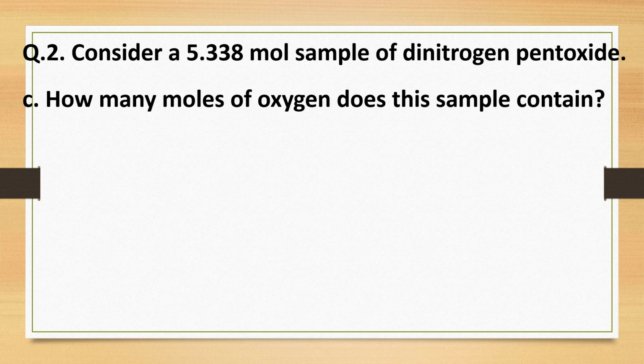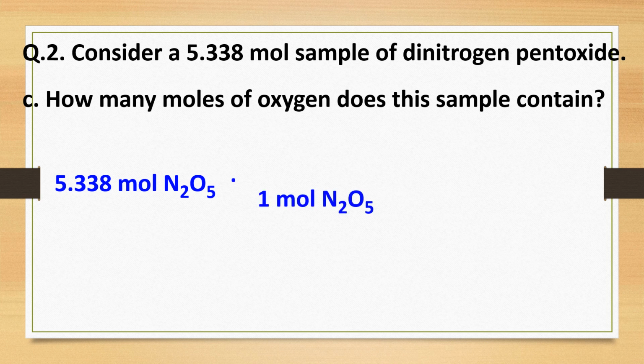Then what we do is also start with our given, which is 5.338 moles of the sample. And remember, inside this composition, with each mole of N2O5, there are 5 moles of oxygen. So we multiply it by 5 moles of oxygen per mole of N2O5, with the N2O5 mole unit on the bottom.